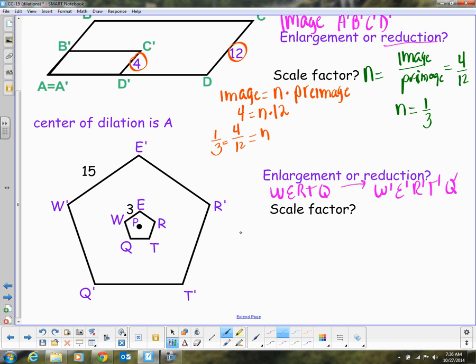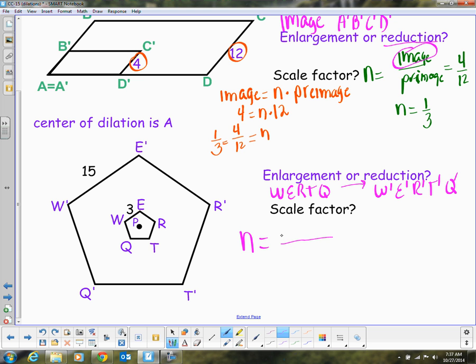Okay, so our scale factor n is going to be who's on top. Which one is which? WERTQ is the pre-image. The W primes are the image.